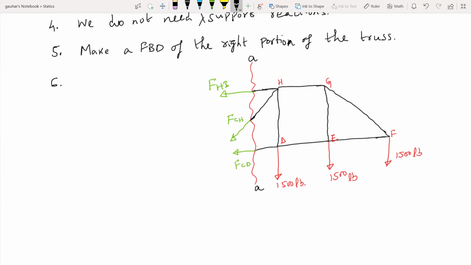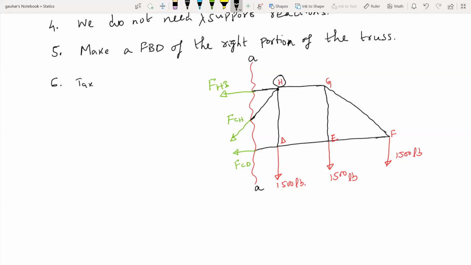Now to find out these three member forces, we can take moments, we can do sigma Fy, sigma Fx, we can use all these equations. But it's easier to take the moments at some point, right? So in this case, let's take moments at this point H, right? Because if we take moment of point H, then FHI is gone, FCH is gone. So the only unknown will be FCD, right? So let's do that.